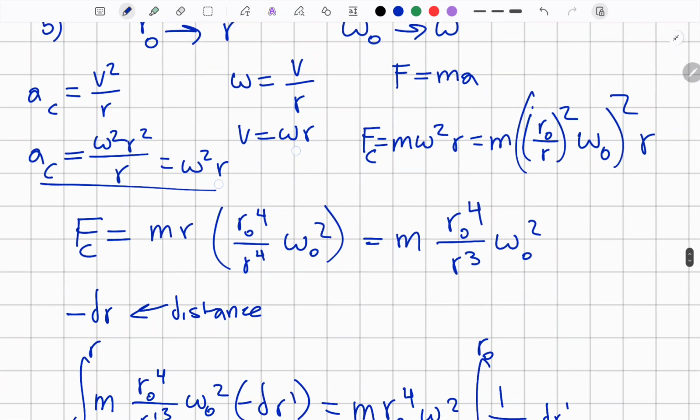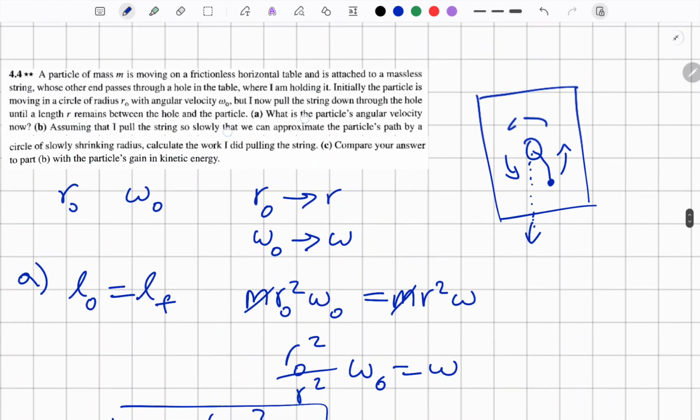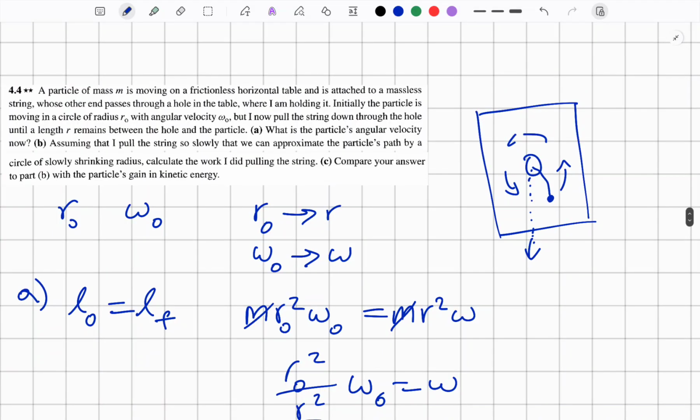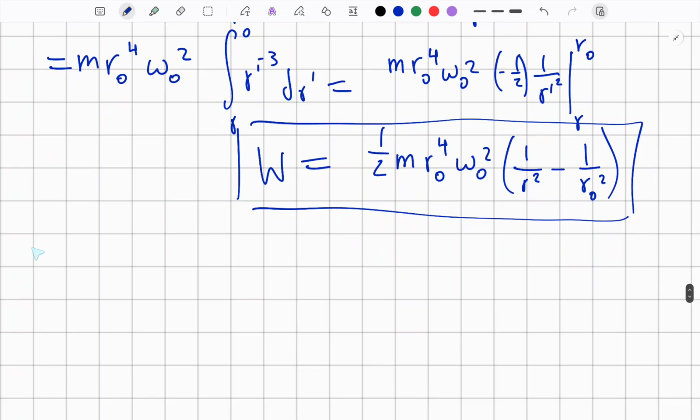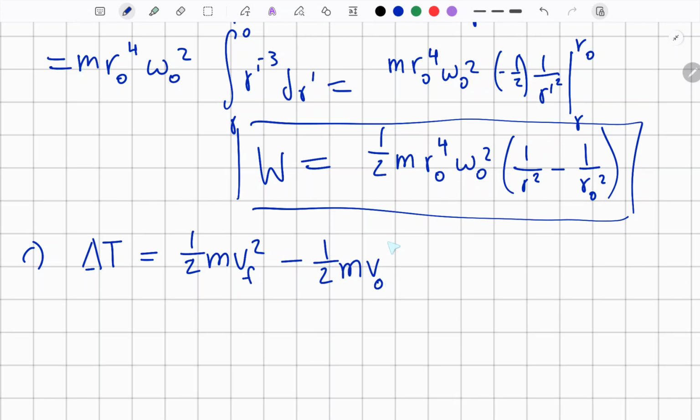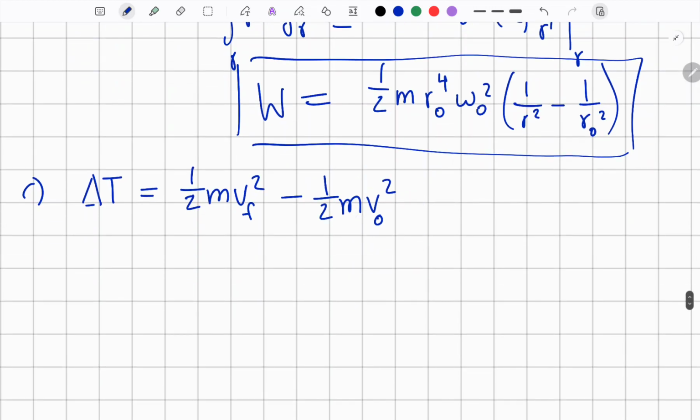Now, what is part C asking us? Part C is asking us to compare the answer from part B, where we calculated the work, with the particle's gain in kinetic energy. So, we know that our change in kinetic energy is going to be 1/2 m v final squared minus 1/2 m v initial squared.